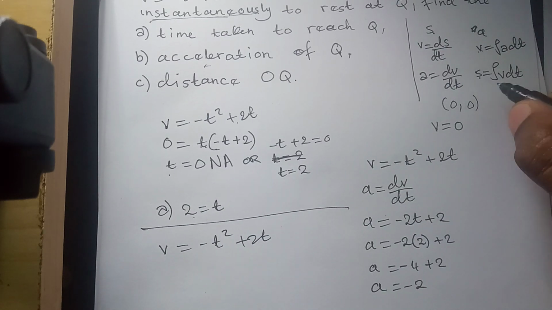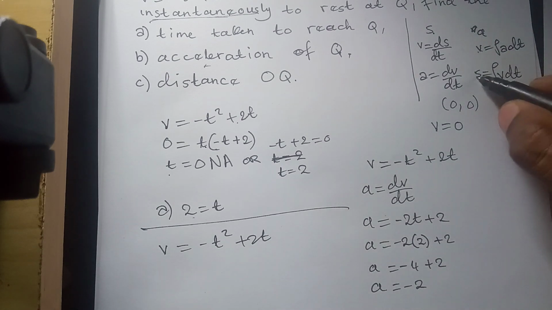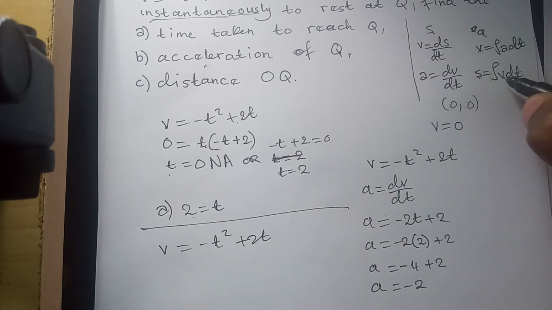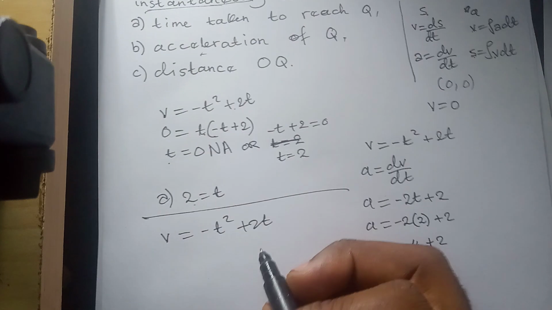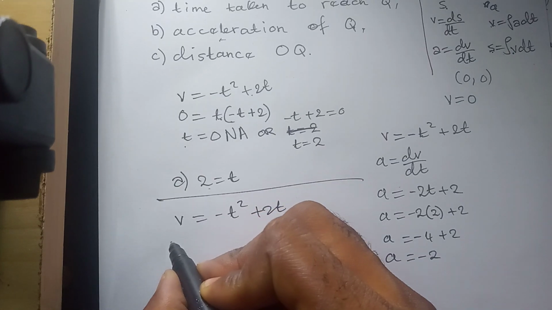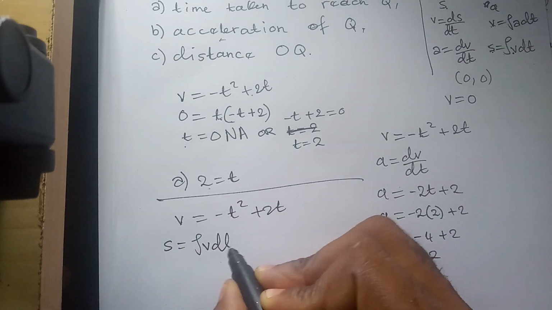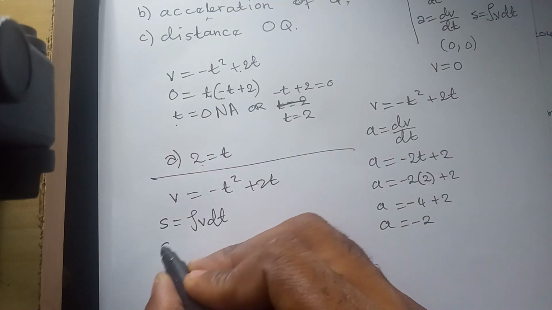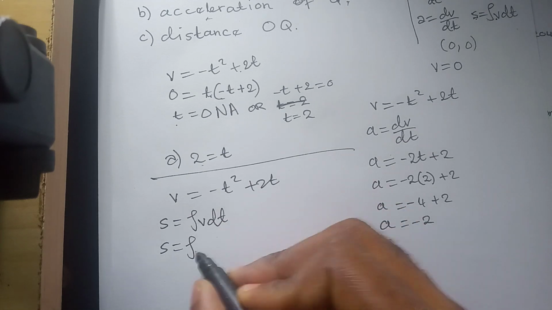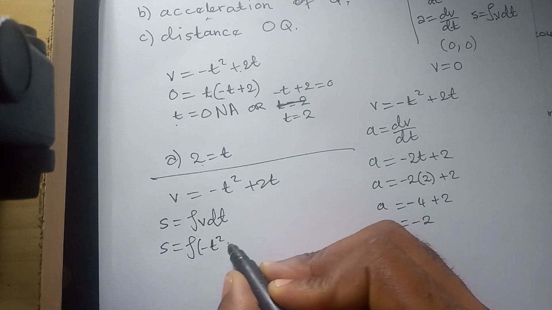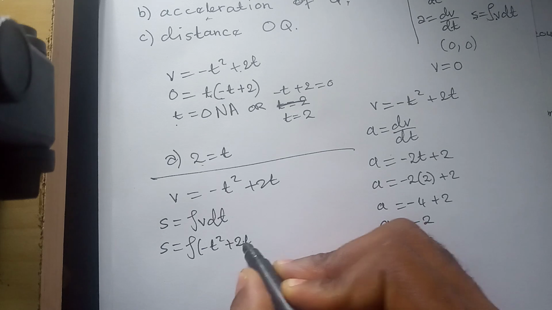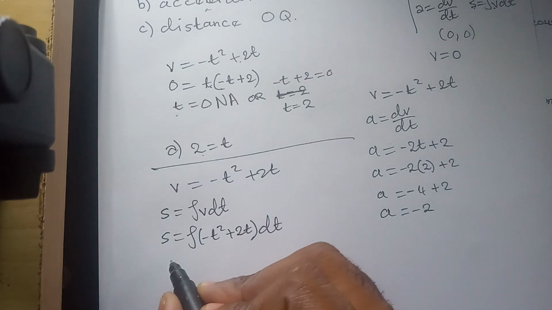So you are moving backwards. So s is equal to the integral of v with respect to t, which is the integral of negative t squared plus 2t dt.